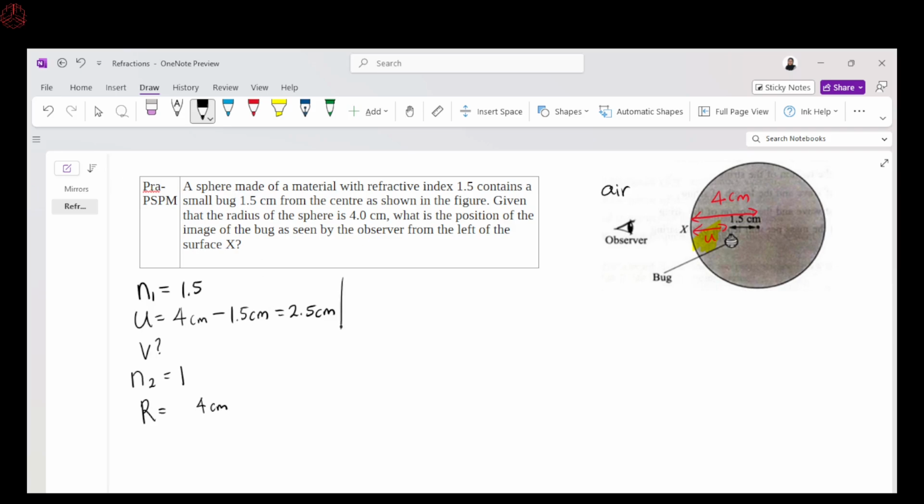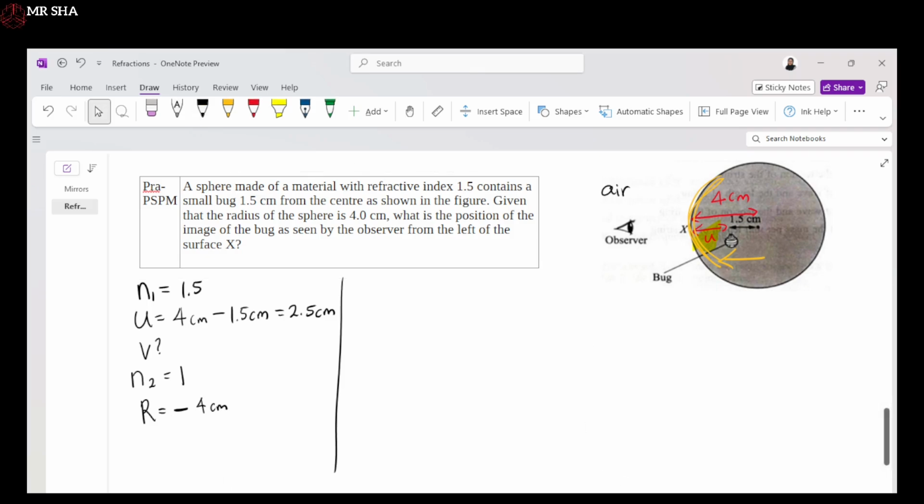To do that, we move again from the object. We will see that the bug looks at a concave surface. We look from the object, we see that it is concave. So if it is a concave surface, our R will be a negative value.